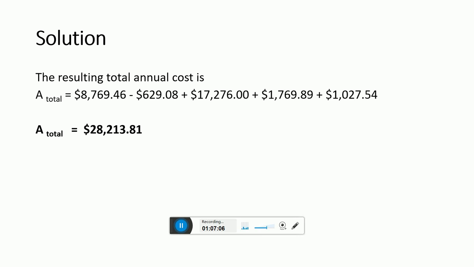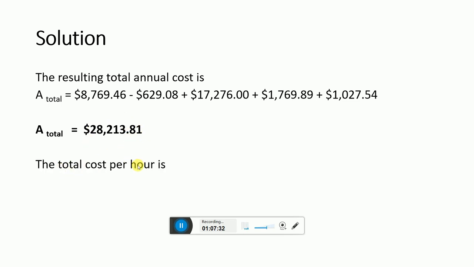As in the question, we have to calculate the cost per hour. In every year we have 1400 hours, as stated in the question. So we just have to divide this $28,000 by 1400.